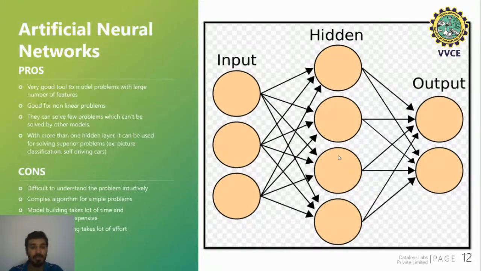But there is one more pro that I missed mentioning. In case of an artificial neural network, let's say you had 1000 data points and you have trained your model, and your weights are learned. You get your final model with the weights. Now let's say today you get 100 more data points, and you want to train your model with all the 1100 data points.